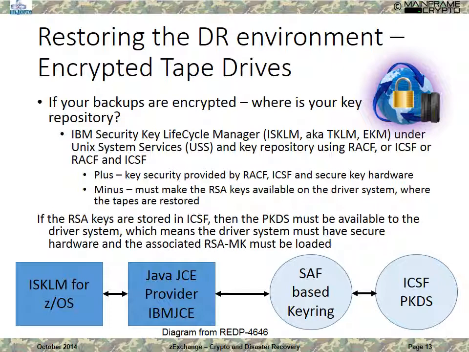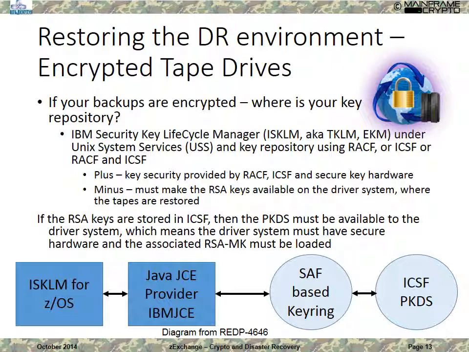So in that environment, you've got a little bit better security around the key store, but it does mean that you've got to make those RSA keys, either the RACF database or the ICSF PKDS, available to the driver system so it can actually perform the restore. And in a lot of DR environments, the DR provider is going to give you a driver system, and you can just point that to the appropriate RACF and/or key stores.